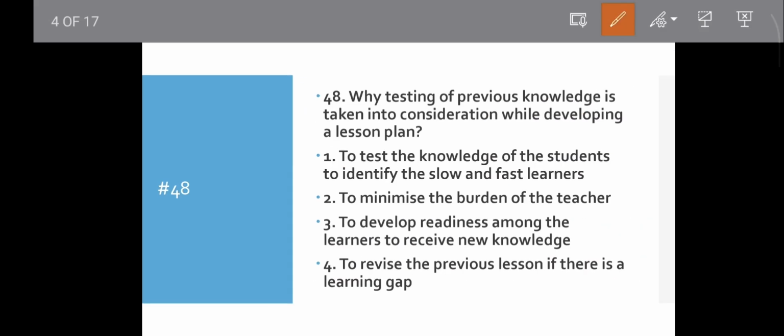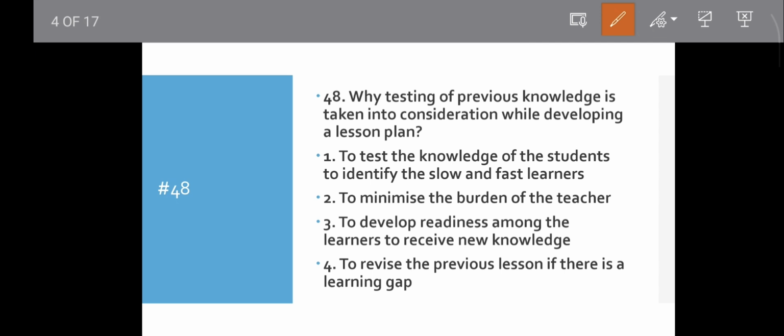Question number 48. Why is testing of previous knowledge taken into consideration while developing a lesson plan? Option 1, to test the knowledge of the student; to identify the slow and fast learner; to minimize the burden of the teacher; to develop readiness among the learners to receive new knowledge; to revise the previous lesson if there is a learning gap.